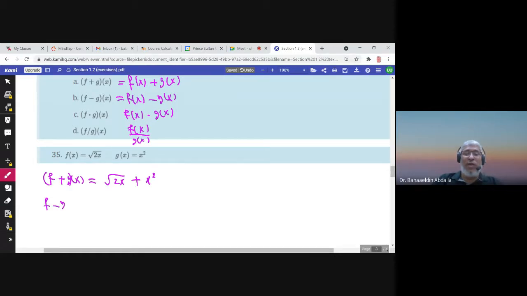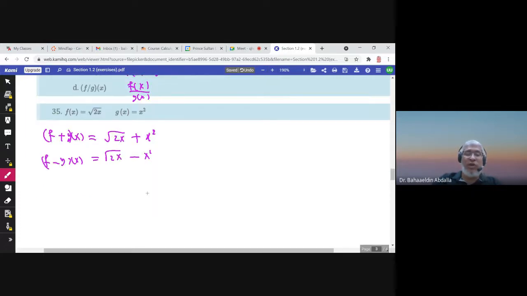And f minus g of x would be square root of 2x minus x squared. And f times g of x would be square root of 2x times x squared. And f over g of x would be square root of 2x over x squared.